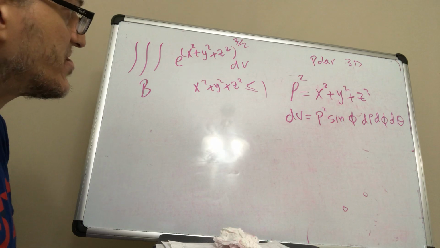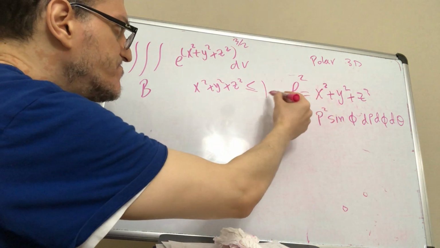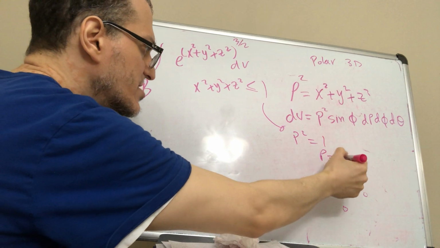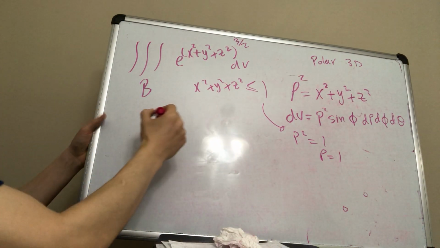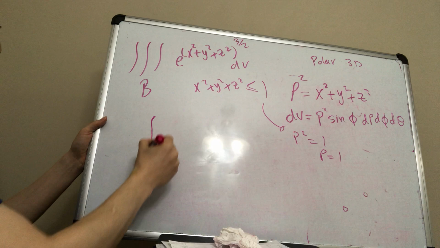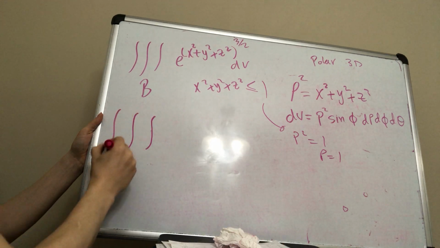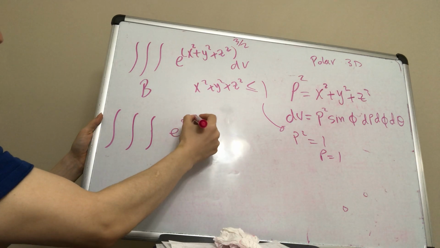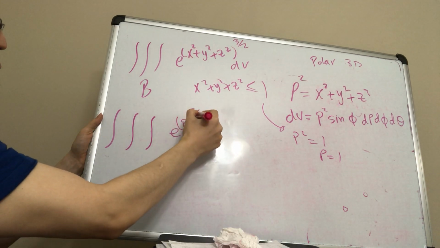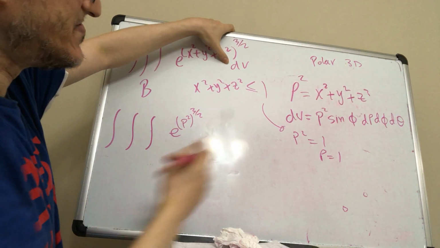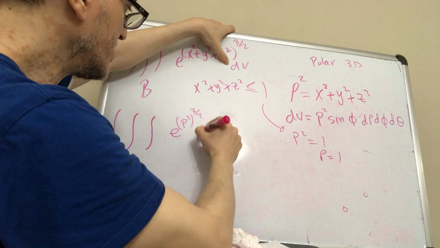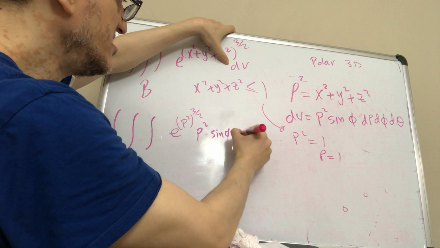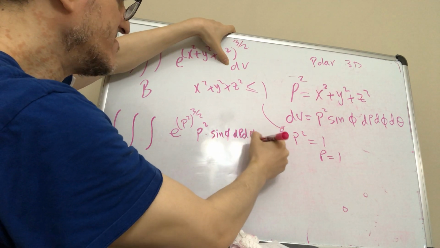Okay, from this, p squared is 1, p is 1. So if I integrate this, watch. This is p squared. I still need to raise it to 3 over 2. Instead of dv, we go p squared sine phi dp d phi d theta.